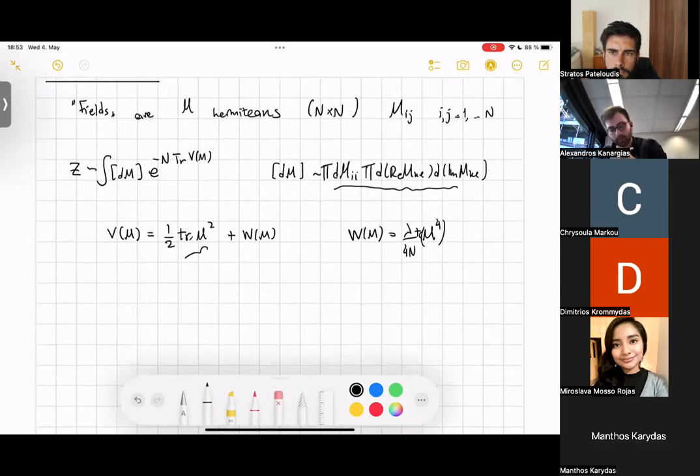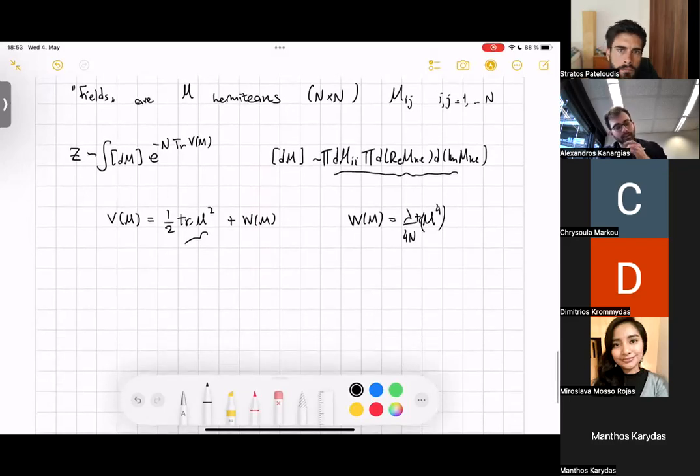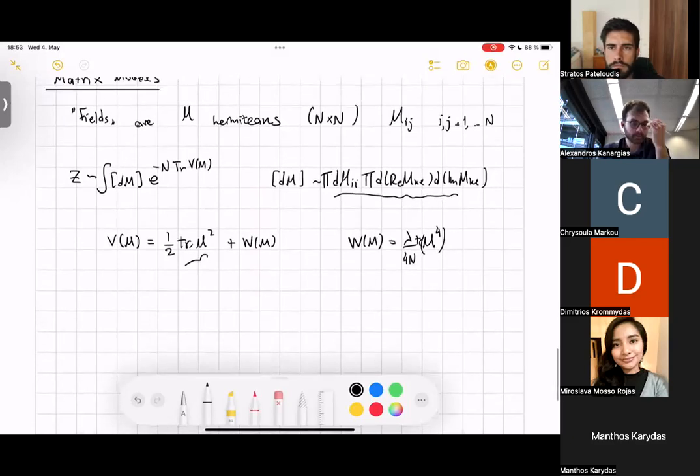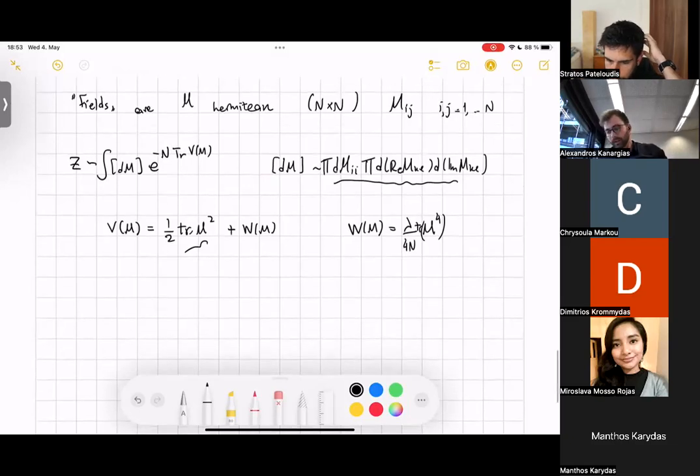And you see now that there's a symmetry, in the sense that if I make a similarity transformation in this trace, it doesn't matter. And this is actually a way that you can calculate these integrals. If they are Hermitian, you can diagonalize them and translate this integral over the entries into an integral over eigenvalues.